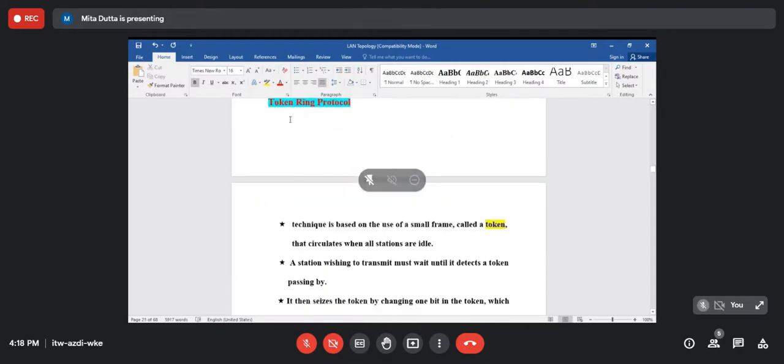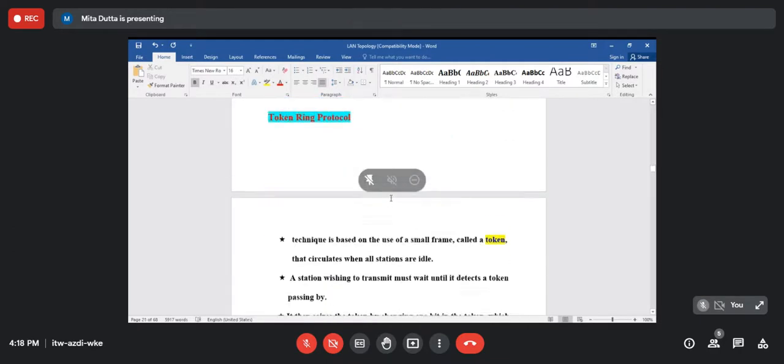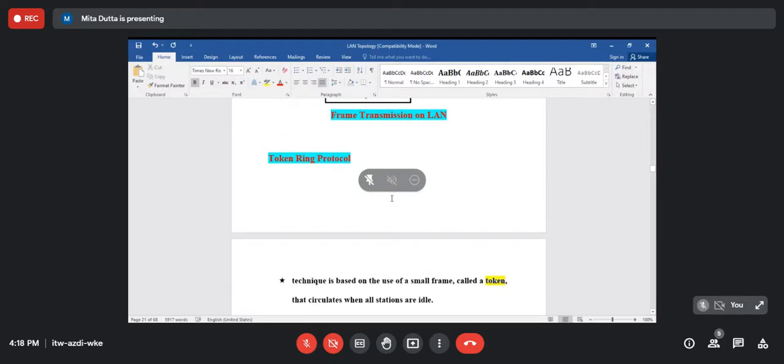Now this is the token ring protocol. Here we see how collision is avoided, and that collision will never occur in a ring network. This is not only due to the signal circulating in one direction only.